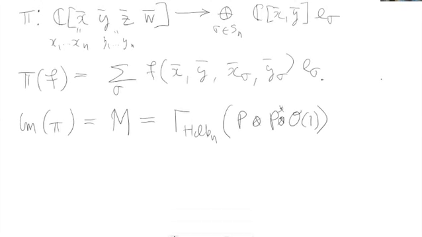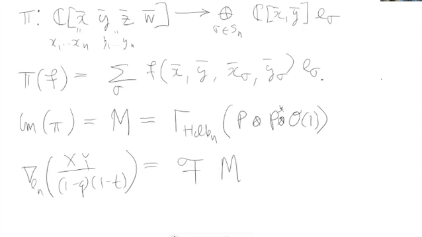And so, putting this all together with the previous statement, the nabla operator to the one power of E_n[XY/((1-q)(1-t))] is equal to the Frobenius character of M, where M is now just thought of as a bigraded vector space, graded in q corresponding to the X bar variables, and t corresponding to the Y bar variables.